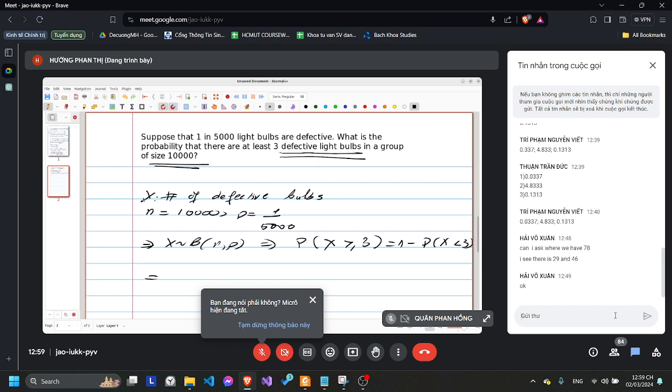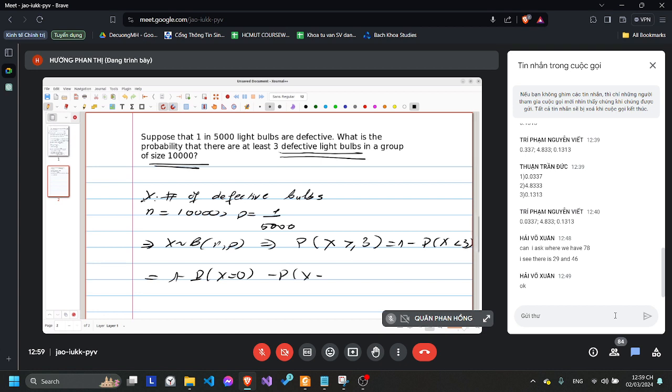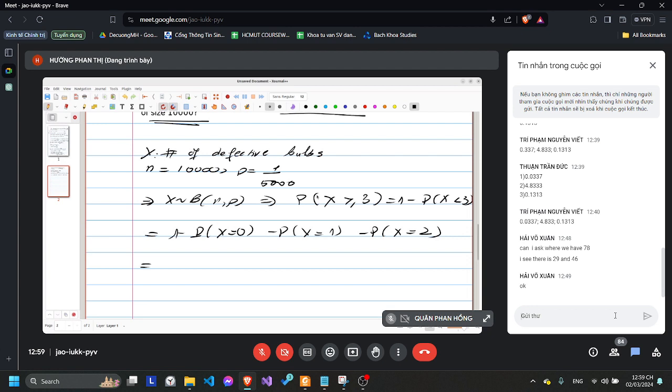So we have 1 minus probability of S equals 0 minus probability of S equals 1 minus probability of S equals 2. Using the formula of C n k, we have 1 minus, for S equals 0, q power n. So we have 4,999 over 5,000 power 10,000.